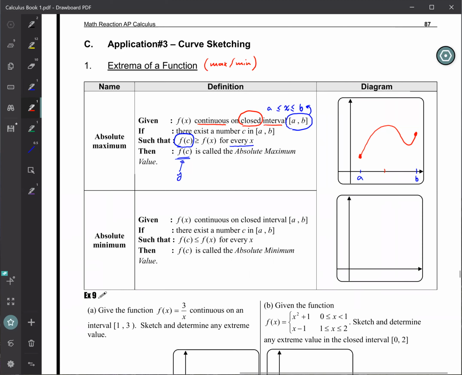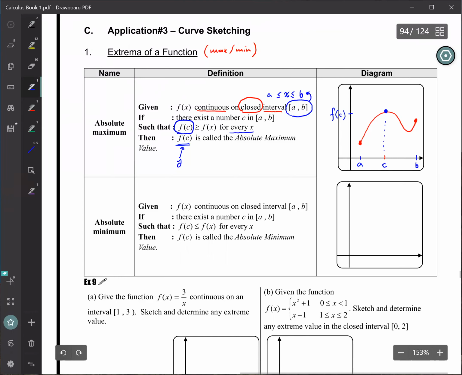So we are looking for a place C such that if I go up and find the Y value, that will be F of C. That value is the highest point of the whole picture, then we call that absolute maximum. So you compare with the whole function within that domain.